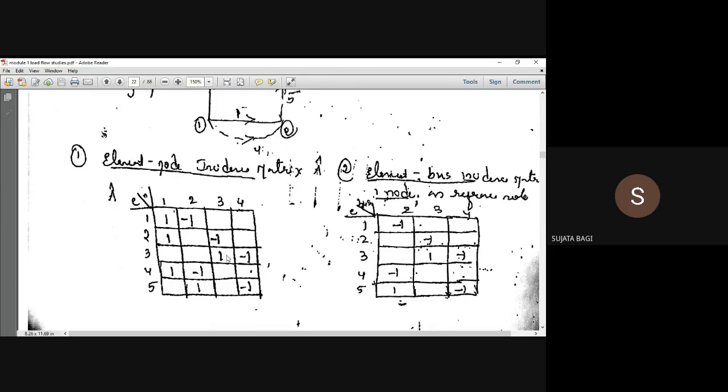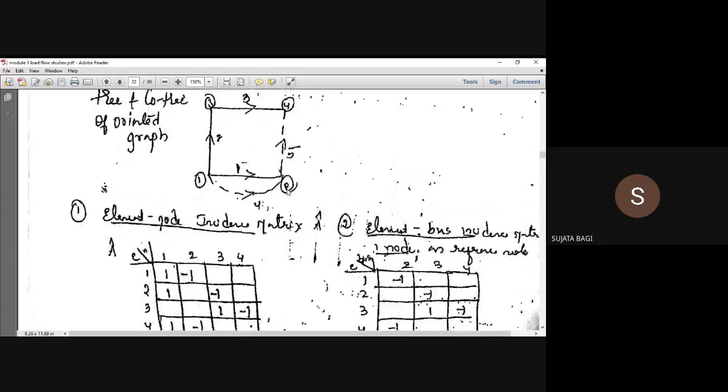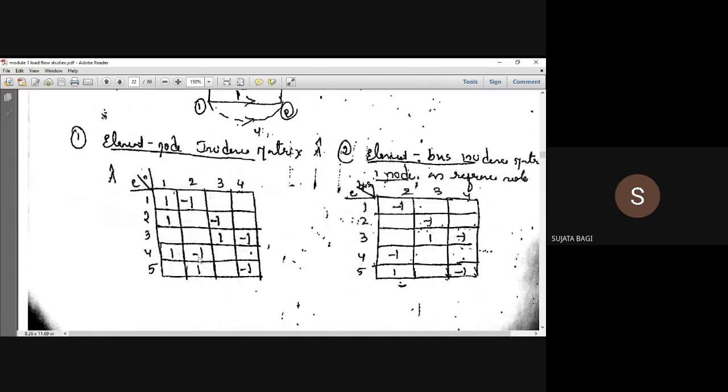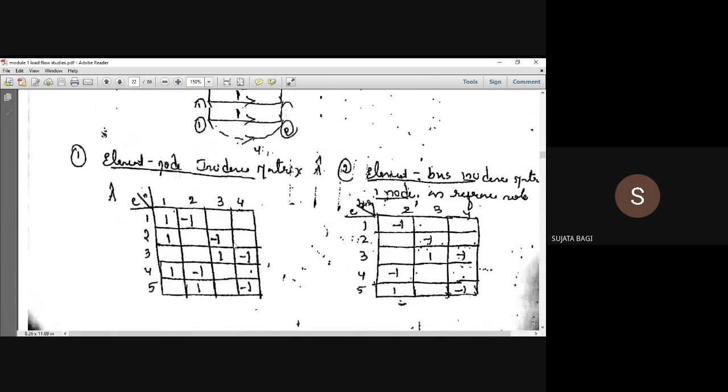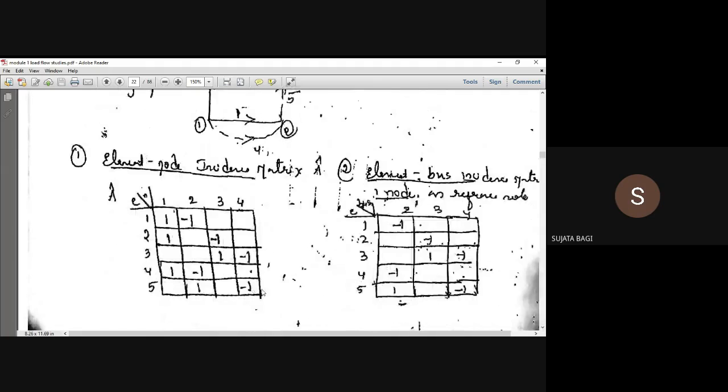Third element is in between 3 and 4, towards 4, minus 1 you are getting. Fourth element is in between 1 and 2, towards 2. Fifth element, check it: 2 and 4, towards 4. So now this is nothing but the element to node incidence matrix.